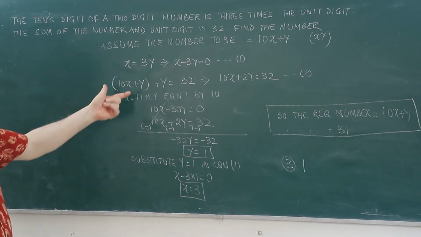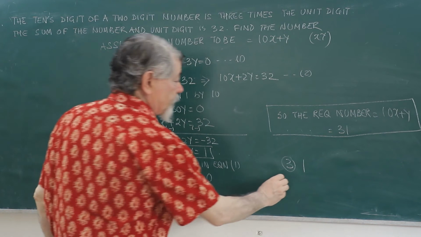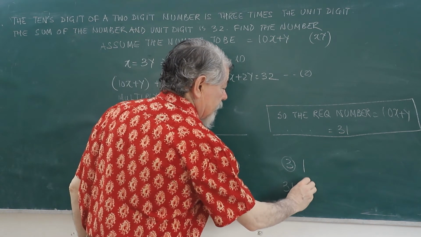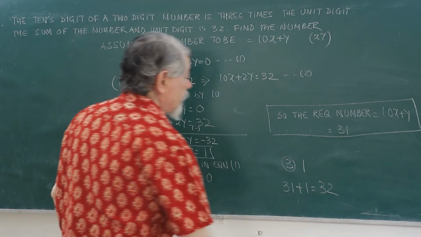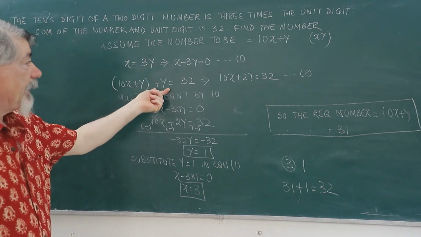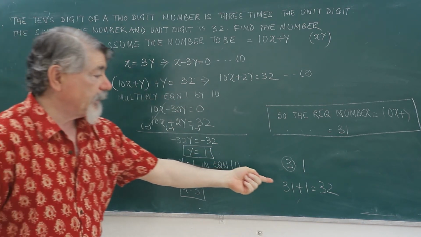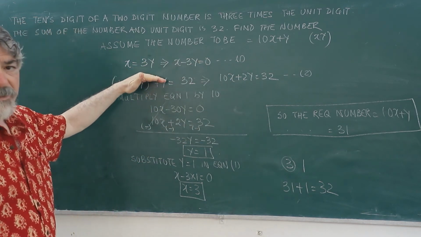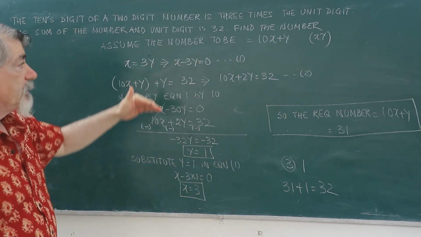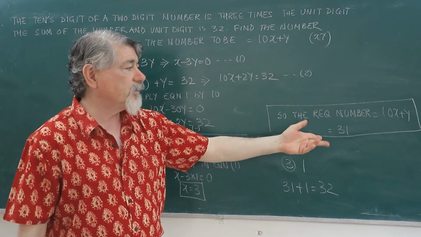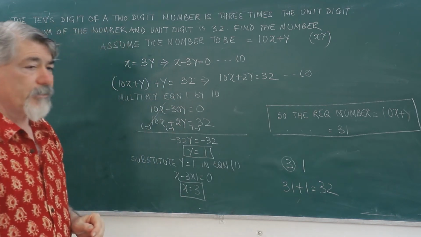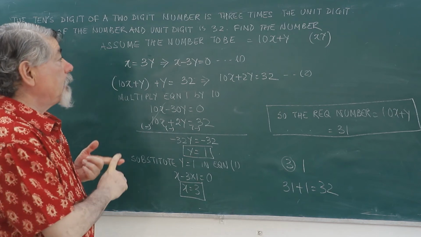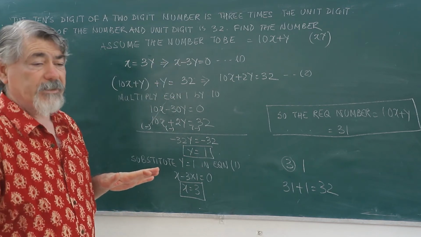In the second condition, it says if you add the unit digit to it, then it will become 32. The number was 31. If I add the unit digit to it, it becomes 32. So this number satisfies both conditions. There will be no other number which can satisfy them. If you calculated wrong, that number will not satisfy both conditions.